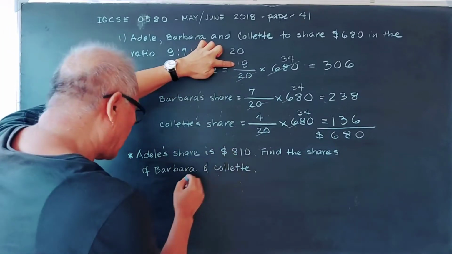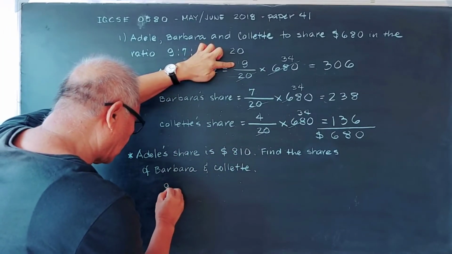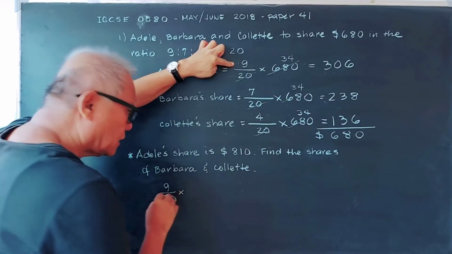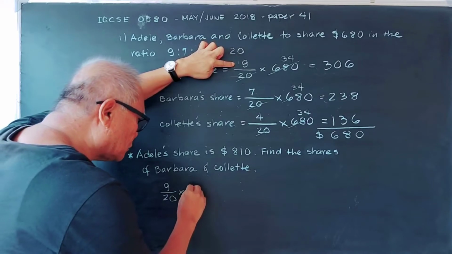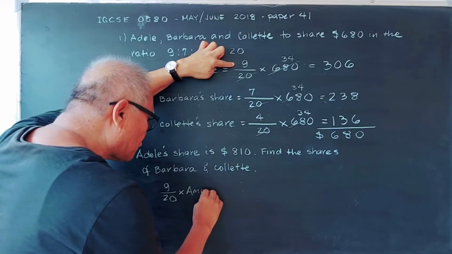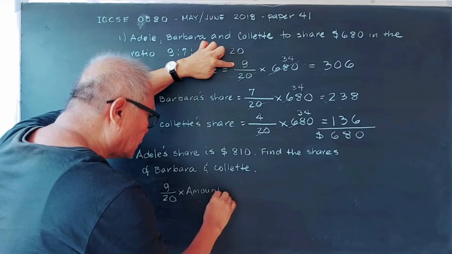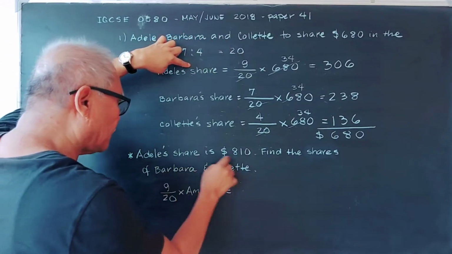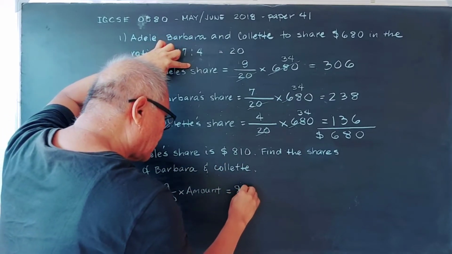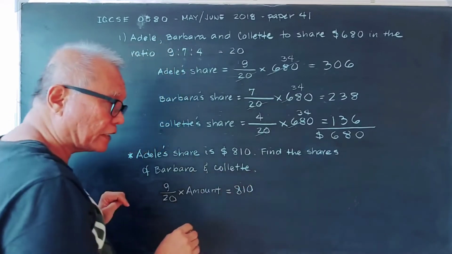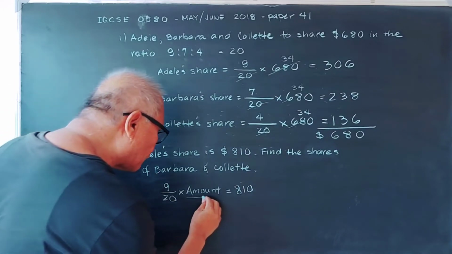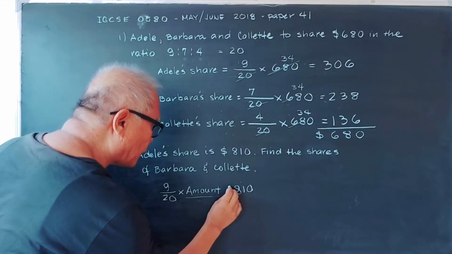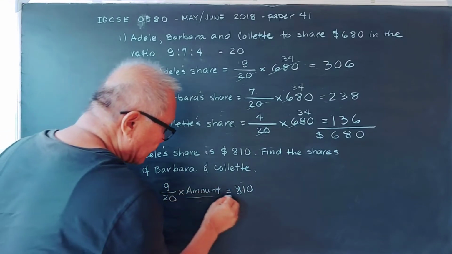So we have 9/20, this is Adele, times the total amount, which we do not know. This is equal to Adele's share. How much is Adele's share? It's $810. To get the total amount first, we cross multiply: 20 multiplied by 810, divided by 9.